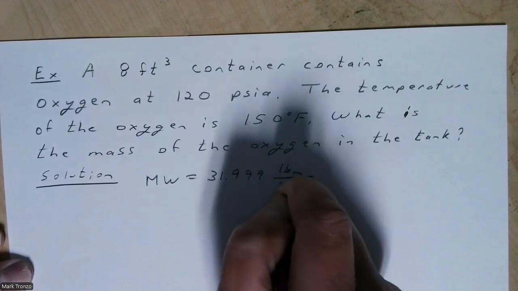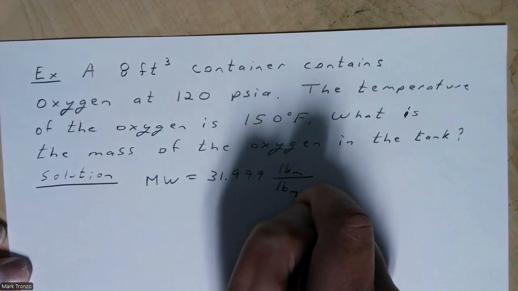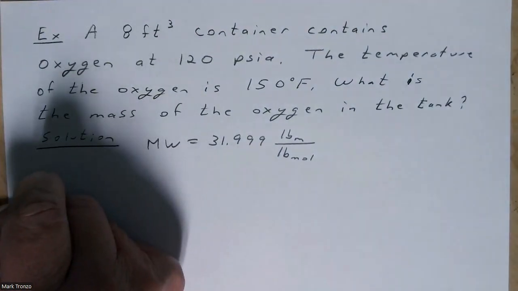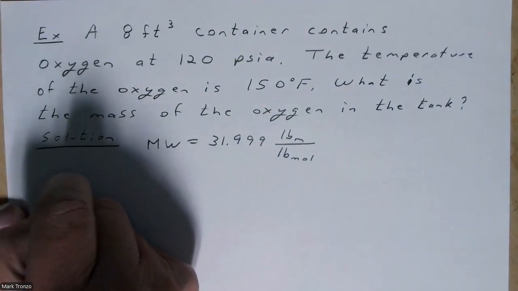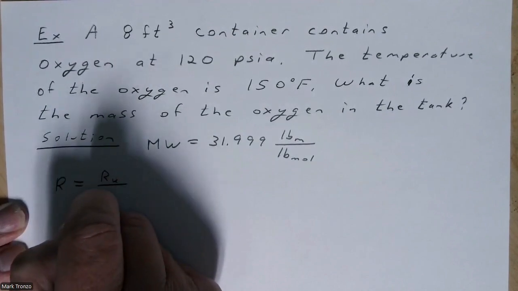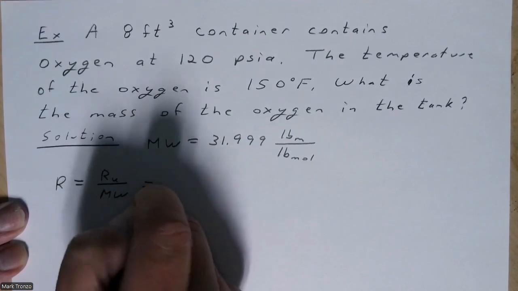I should say pound mass per pound mole. And then if we want to find R, again, R is our R-hat, or R_u, over the molecular weight.